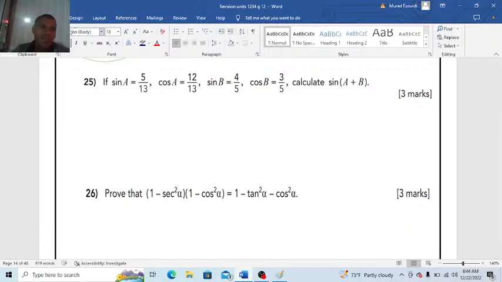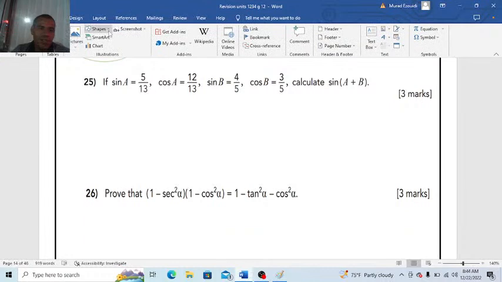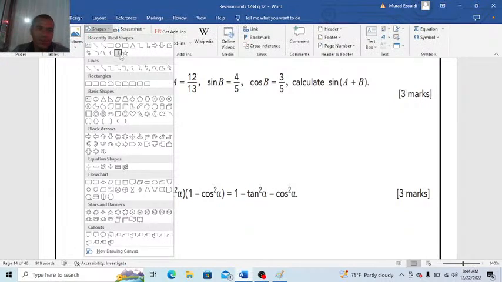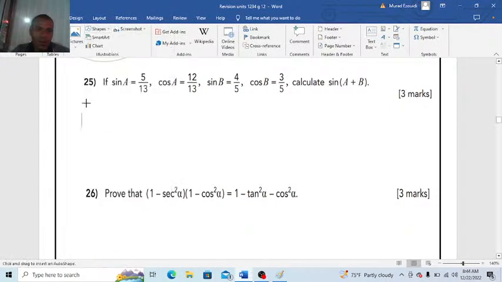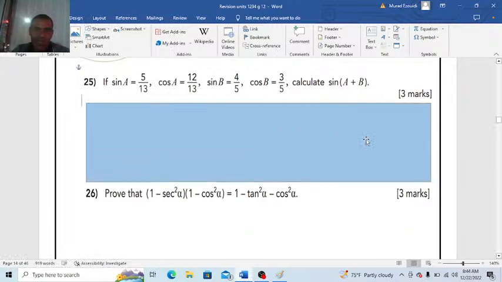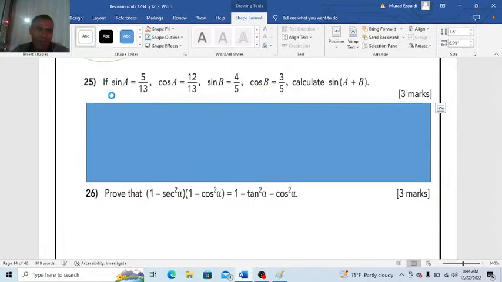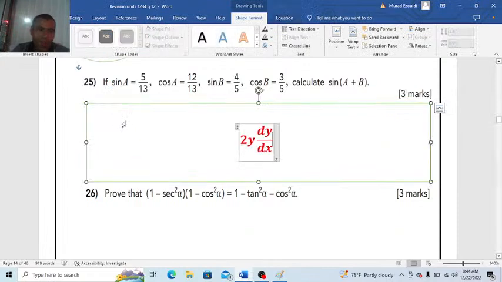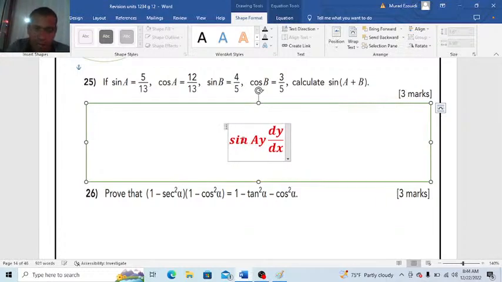So here, learners, I will try to solve this question. So we have what here? Question out of 3 marks. Look here, I will write sine of A is equal to 5 over 13, and cosine of A is 12 divided by 13.